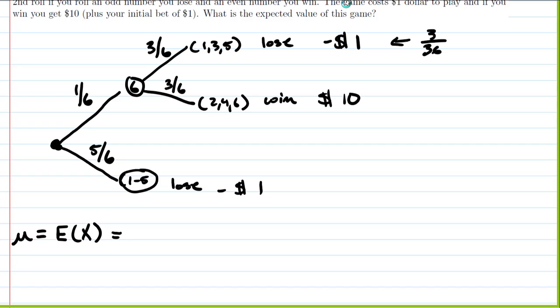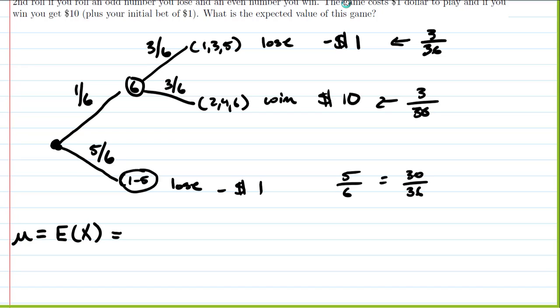Going down this branch, we have 1/6 times 3/6, so that is also 3 over 36. And this branch is 5/6, which if we cared is actually 30 over 36, because then we can see 30 plus 3 plus 3 gives us 36. So that is indeed adding to 1.